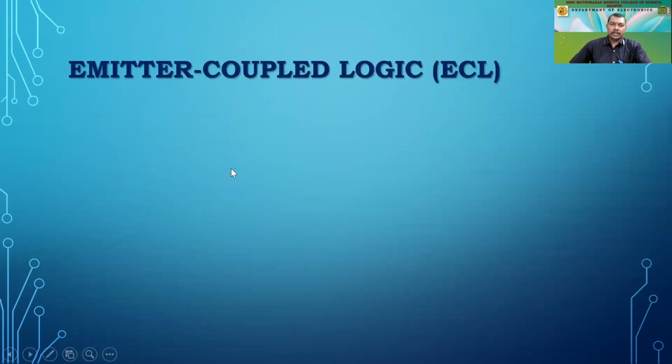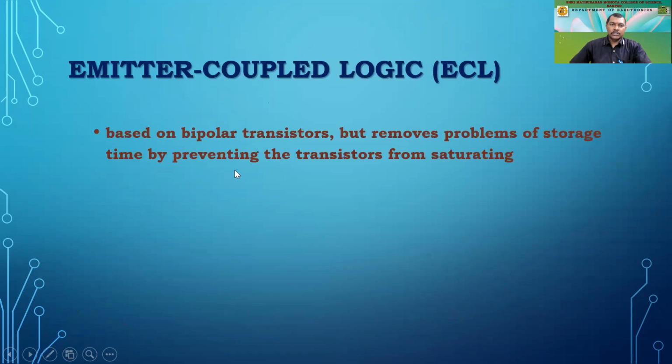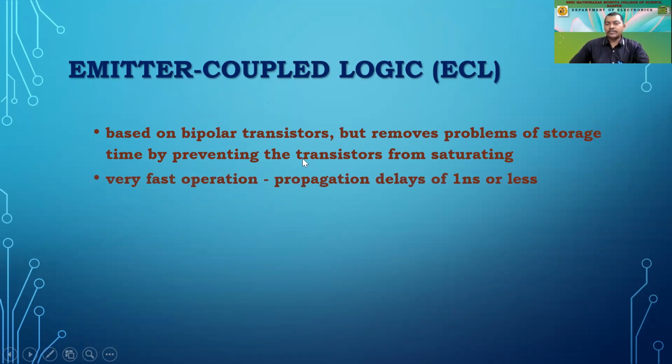Now emitter coupled logic. Emitter coupled logic is based on bipolar transistors, but removes problems of storage time by preventing the transistors from saturating. So these are the conditions where we are operating the bipolar transistors, right? We have seen the characteristics in which we have an active region, a saturation region, and a cutoff region.